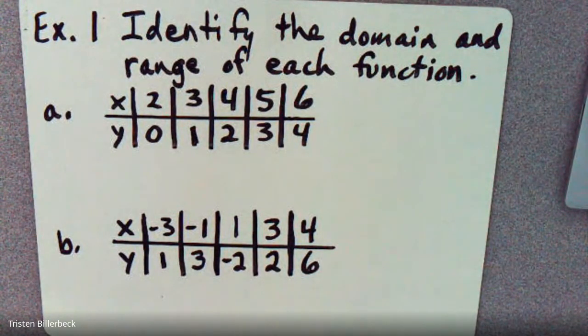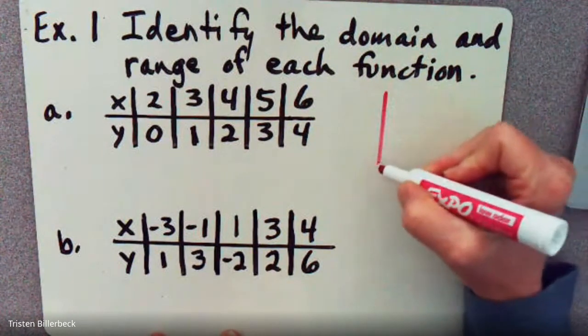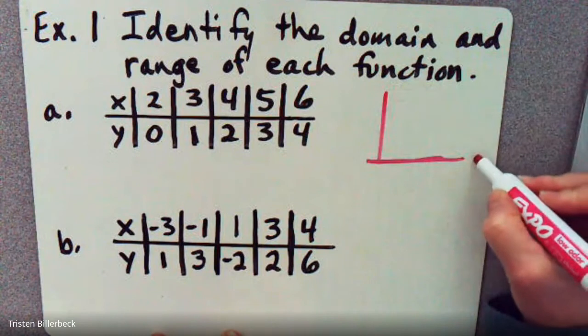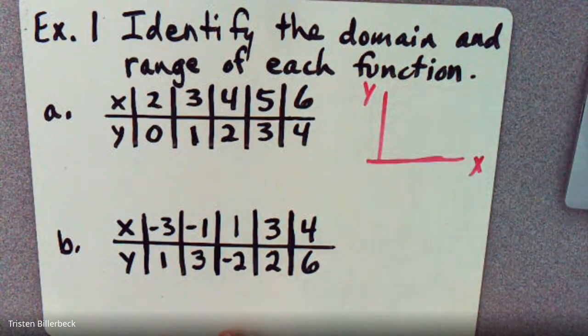So let's take a look at this one. So we want to identify the domain and range of each function. So we see we have the x, and if we recall, when we do a chart or a graph, the x is always the horizontal and the y is always the vertical.